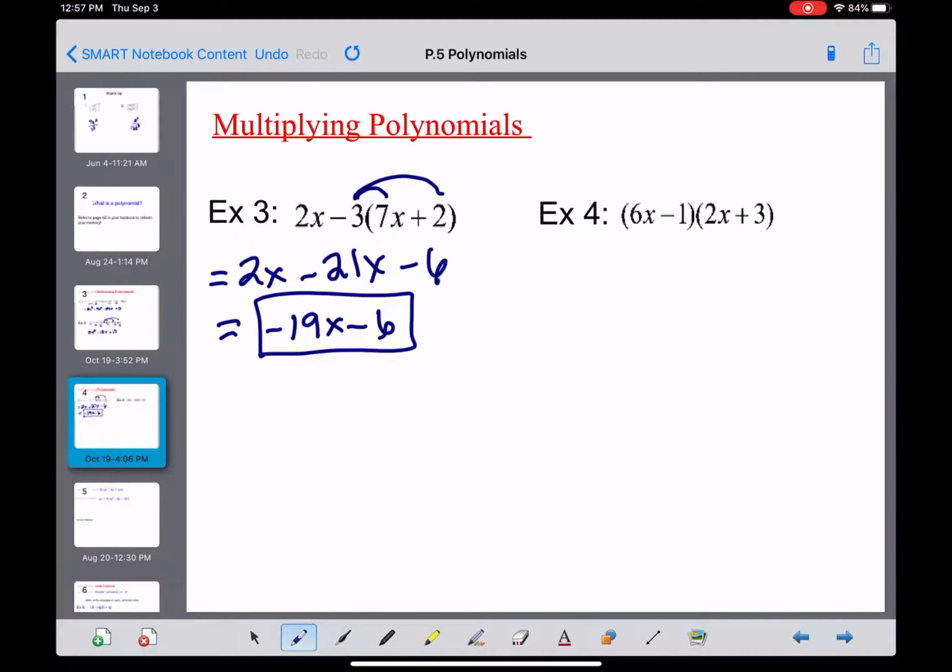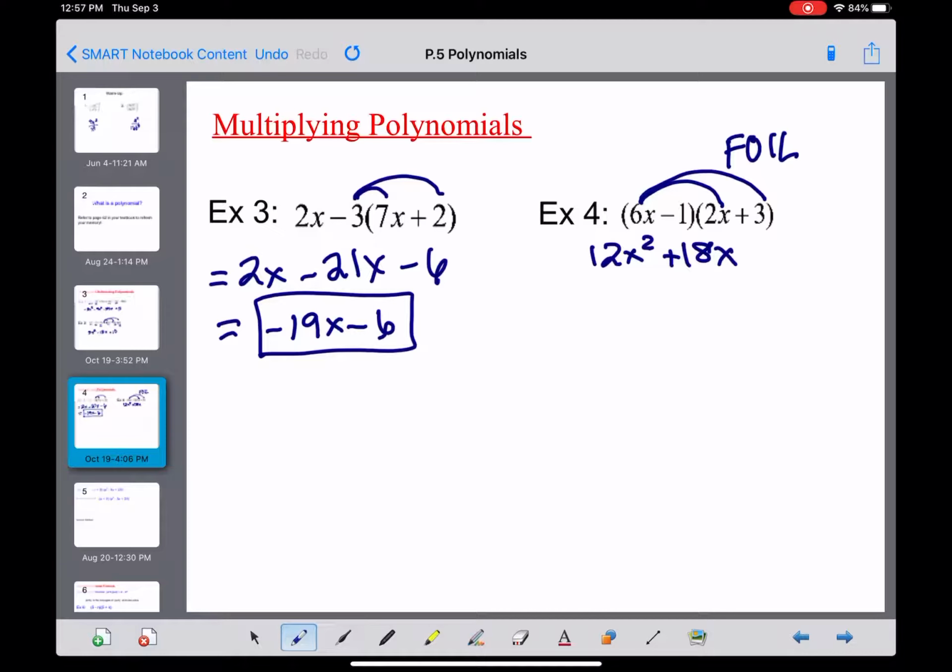And then over here we have FOIL, so a little reminder for you. You take the first one, 6x, times the first one over here, and then you also take it times the last one. So these are the outside two numbers. So 6x times 2x is 12x squared. 6x times 3 is 18x.